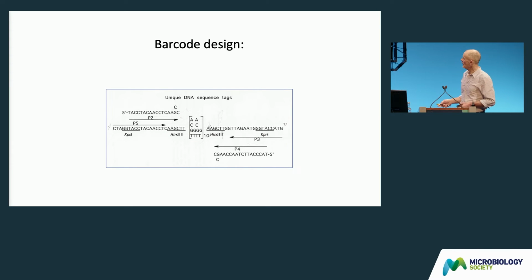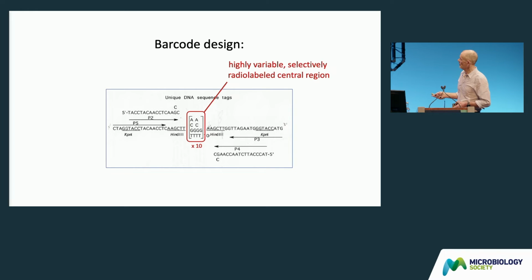And so I came up with this barcode design, which basically involves synthesizing a stretch of DNA, which is characterized by a central region of 40 nucleotides or so, which is hypervariable. So we just asked the synthesizer to put in any of these nucleotides in these positions. And this would generate so much variability that upon cloning, the chances of getting the same sequence twice is next to nothing.